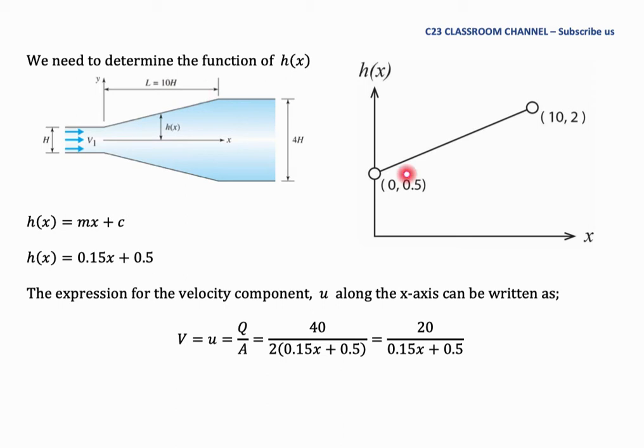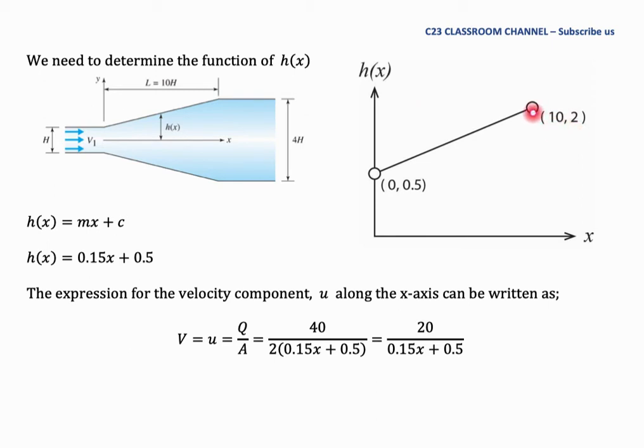The 4h here will give you 4, but the x-axis here is actually at the center point, so the half height here is actually equal to 2. So the coordinate of this point here is 10 and 2.